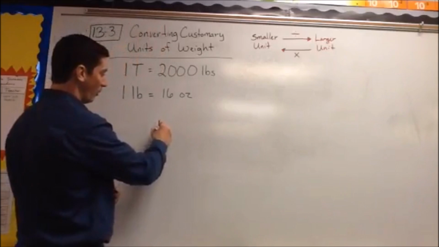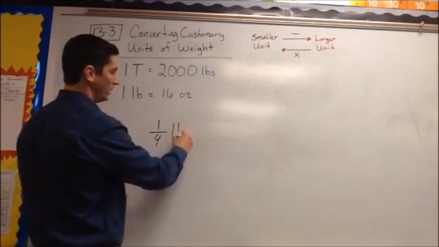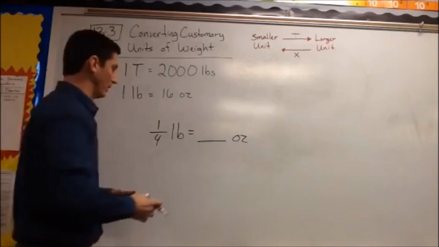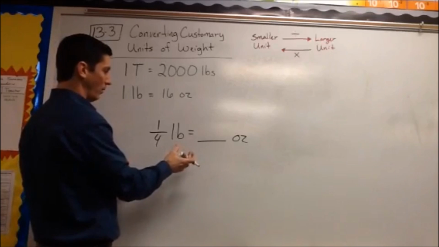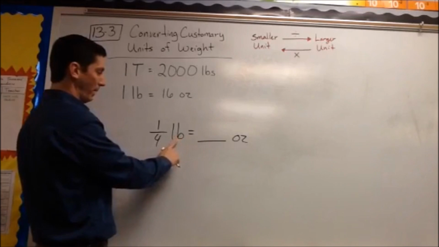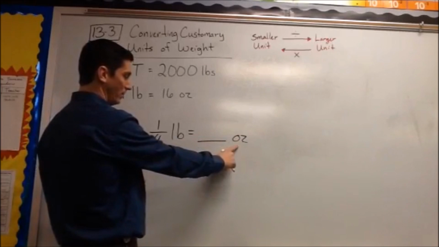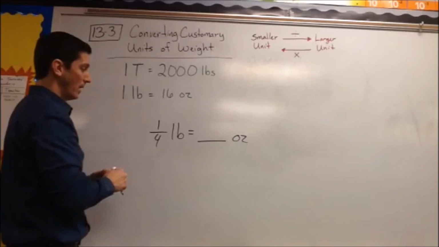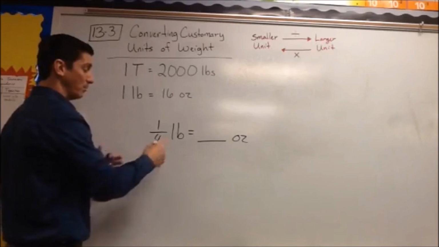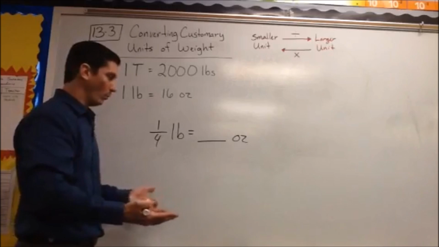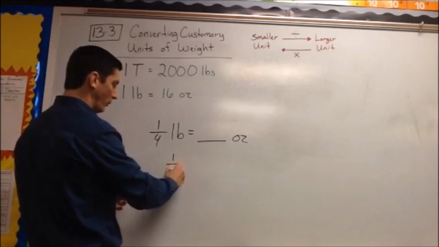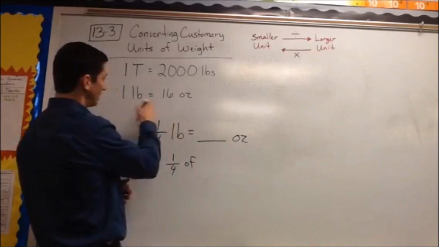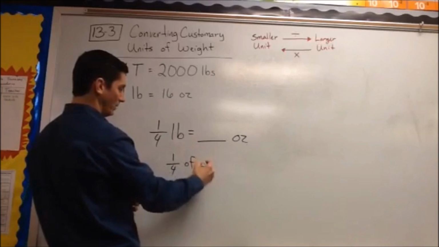Okay, what if we have 1/4 of a pound? How many ounces is that going to be? Now this one's a little trickier because you have part of a whole. Well, we got to look at pounds and see how many ounces are in there. We have 16 ounces for every pound. So if I'm taking part of a whole, we have to multiply. So we have 1/4 of 16 ounces.